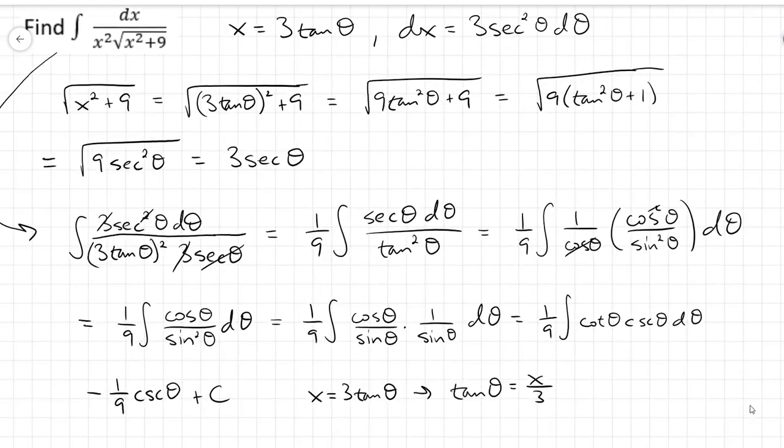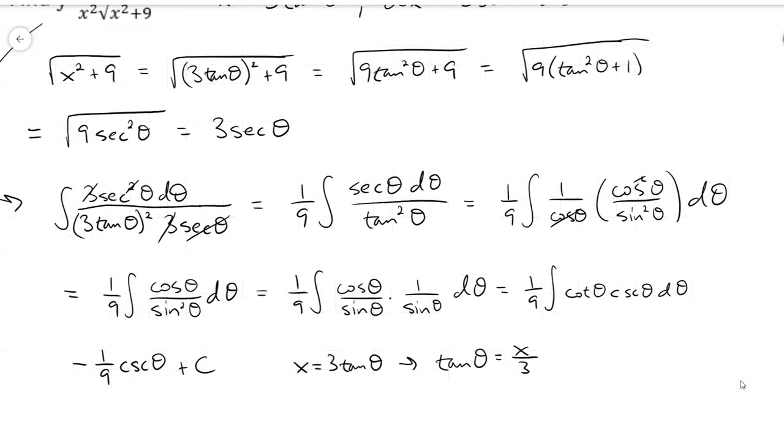We can draw our triangle with that. This is theta, we know that the tangent of theta is x over 3. So we can put an x in the opposite, 3 in the adjacent. That's how tangent is defined in a right triangle.